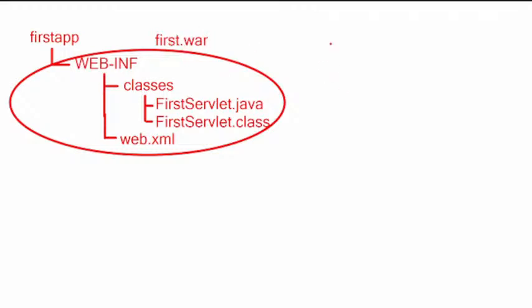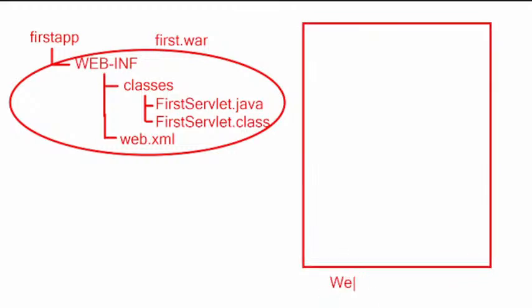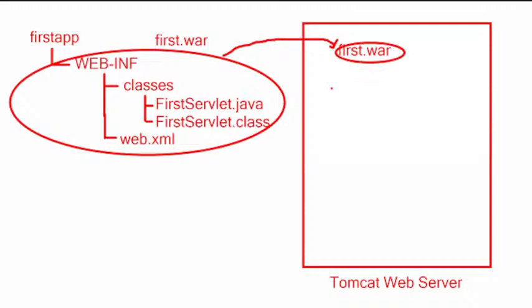After that, we deployed it to the Tomcat web server. This is what we deployed. Whenever you deploy, automatically this file is extracted.